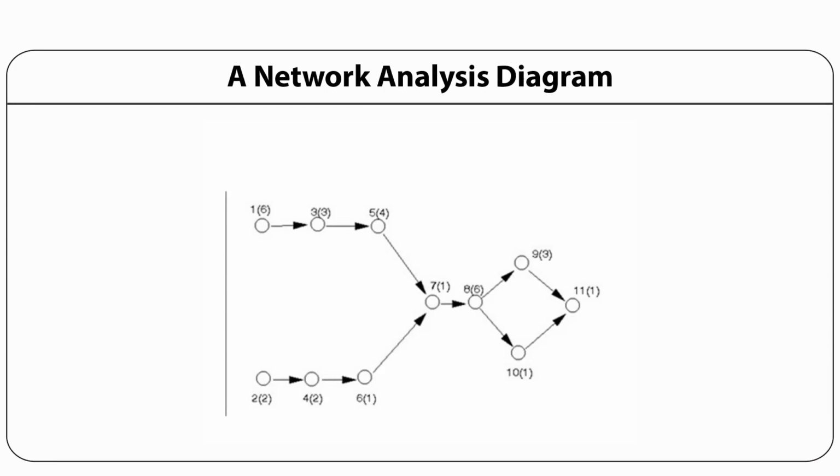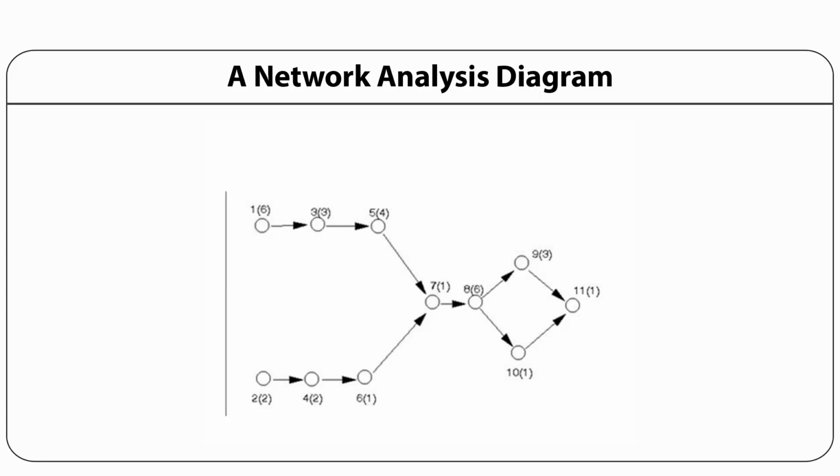In this figure, a network analysis diagram is depicted. It shows the sequence of activities from start to finish. There are nodes depicted by circles and there are arrows which lead from one activity to another.